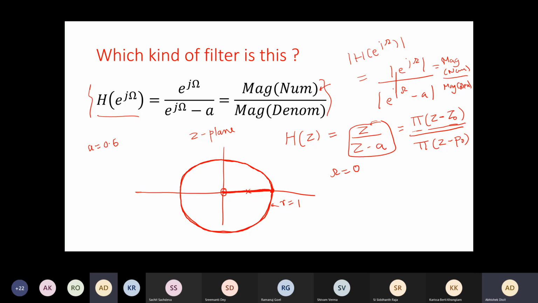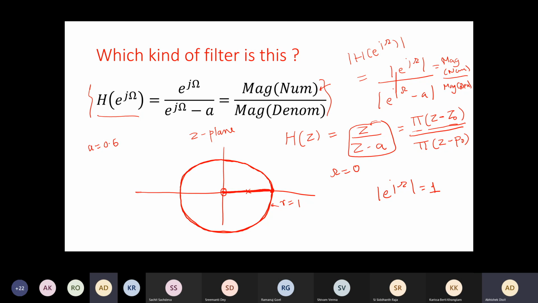There is only one zero, a simple case. In this case the magnitude is 1, and you can also find 1 as the length of this zero from this point.